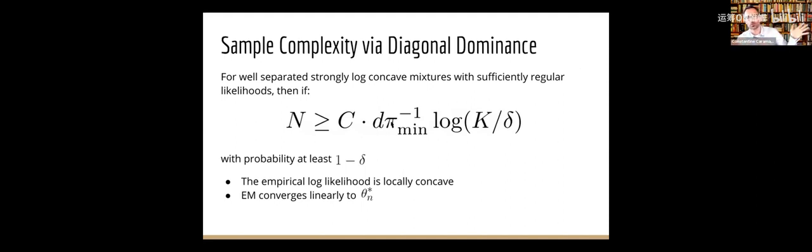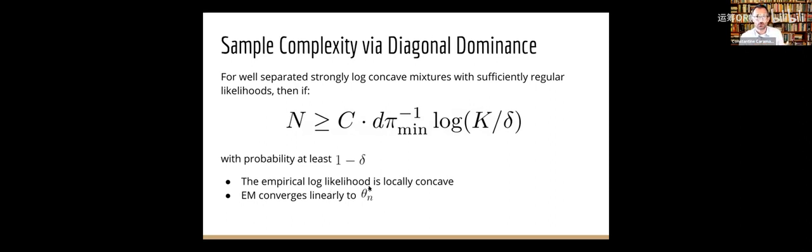But if all of the mixtures are equally represented, then this looks like KD. Now this is saying as long as you have KD samples, then you're in this regime where your log likelihood is locally concave, which means that you're going to converge to the minimizer of the log likelihood. And EM also is going to work in that regime.